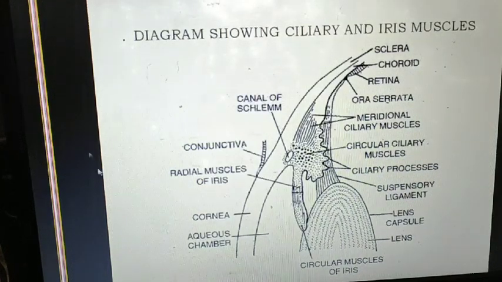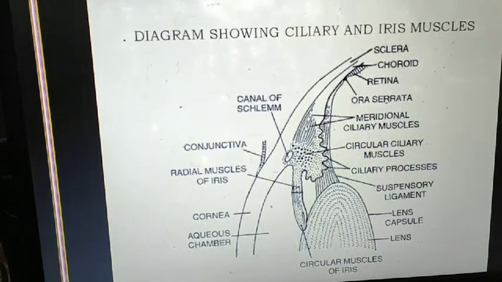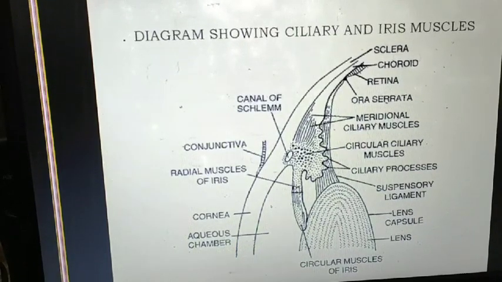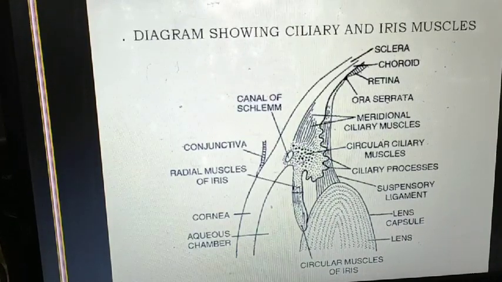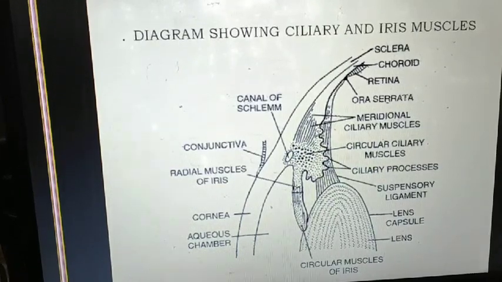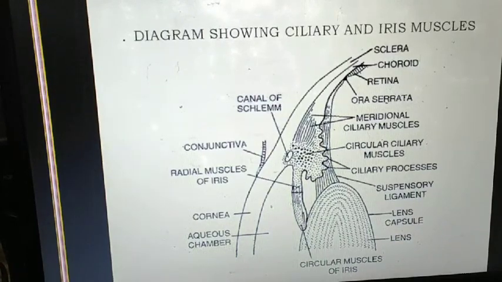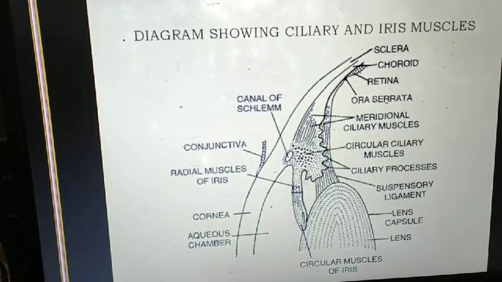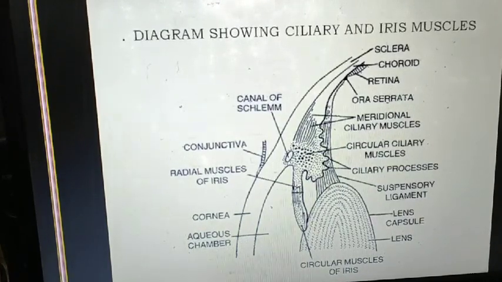So here we can see different types of muscles which are present in the ciliary body. Okay. So ciliary body contains the smooth muscles like a circular smooth muscles which are known as circular ciliary muscles and meridional ciliary muscles. So here these muscles are attached to the suspensory ligament.